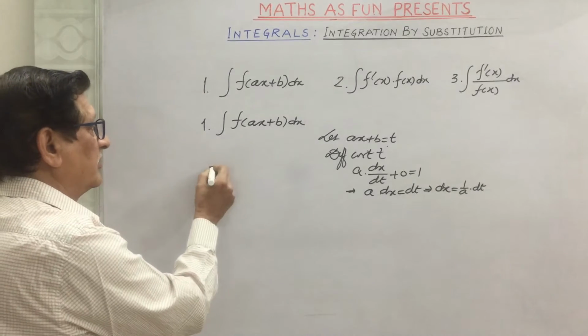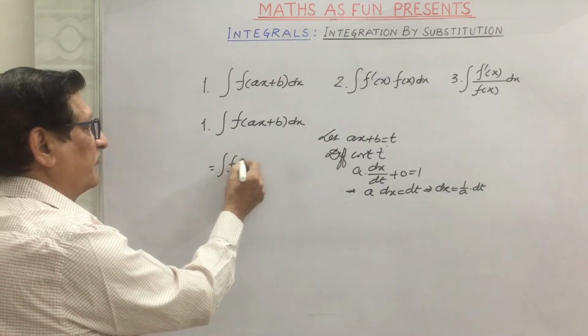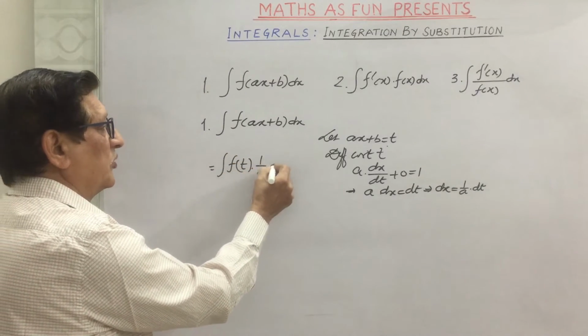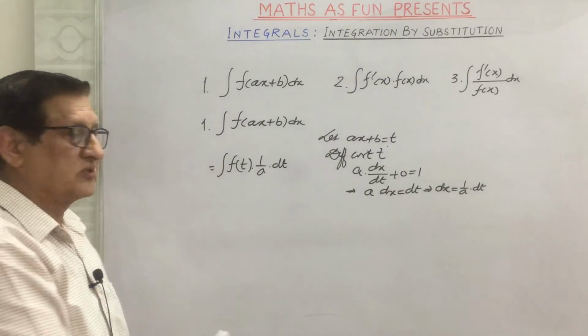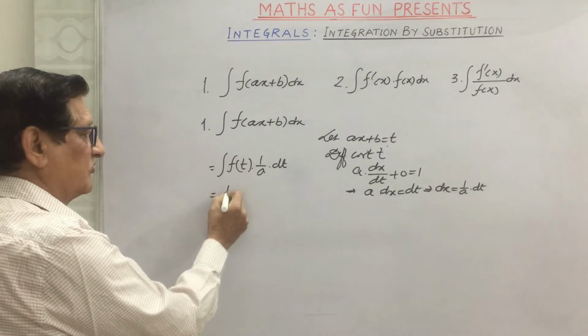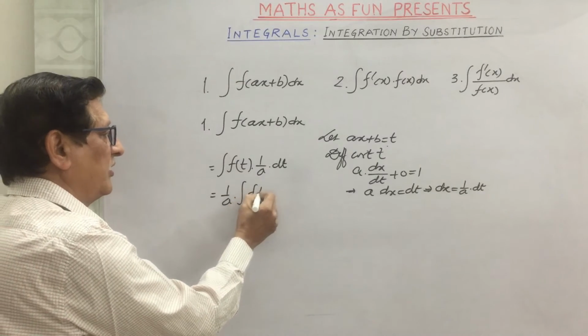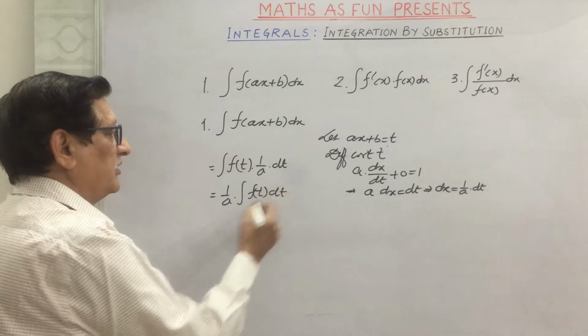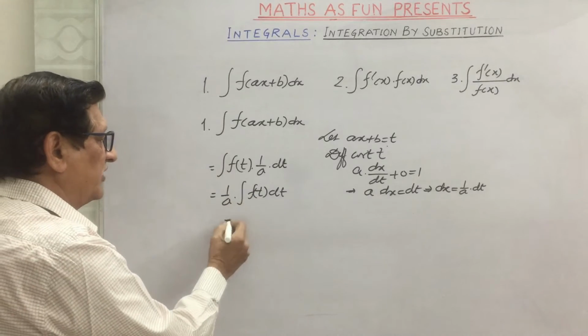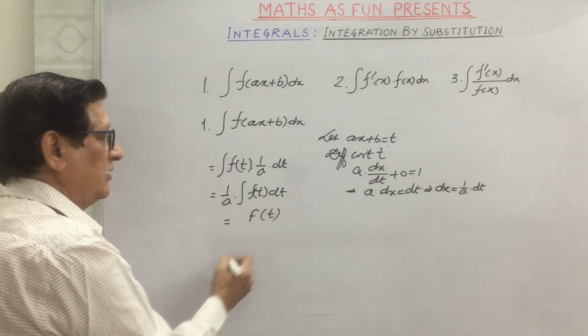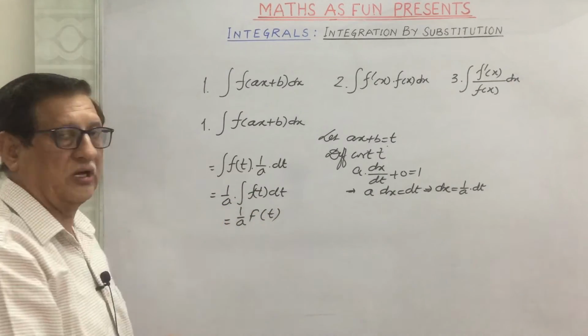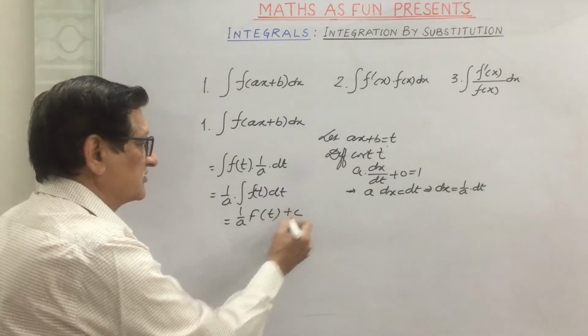So we can write here, this will be f of t into 1 upon a into dt. This 1 upon a is a constant. So we can write 1 upon a integration of f t dt. Suppose the integration of f t is F of t, then this will be 1 upon a into F t plus c.